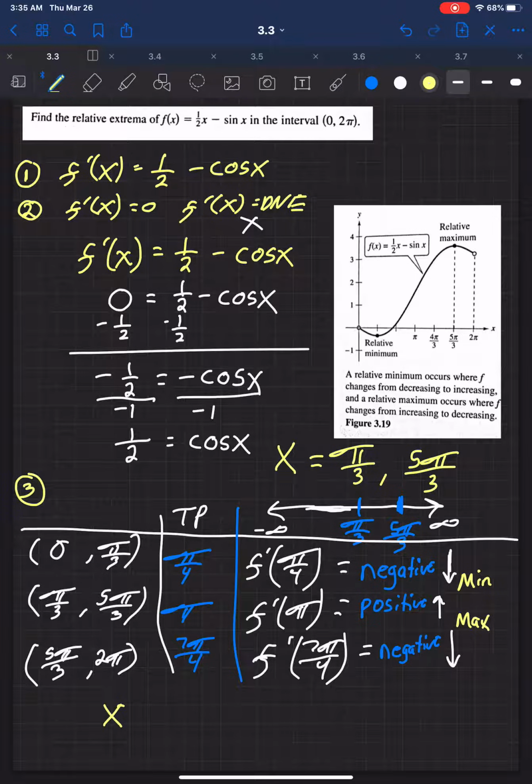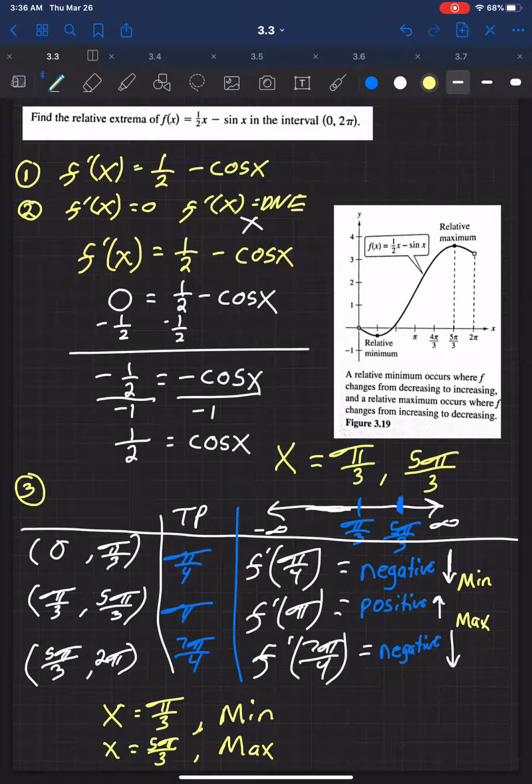So when x is pi over 3, we have a relative minima. We have a minimum. And we get to make the statement that when x is 5 pi over 3, we have a what? We have a maximum.